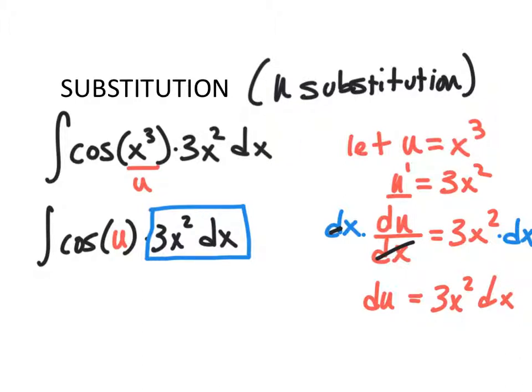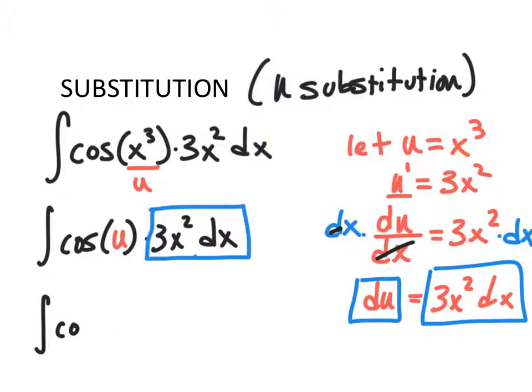And what I can now do is another substitution and say that this 3x squared dx right here can be replaced with a du. And so if I go back to my integral and I write it as cosine of u, and then instead of writing 3x squared dx, I'm going to write what it is equal to, which is just du.